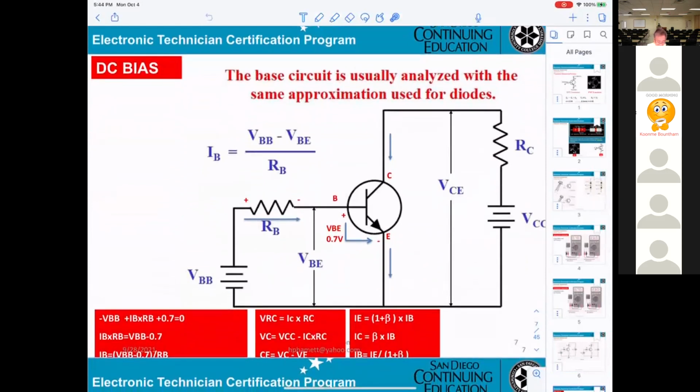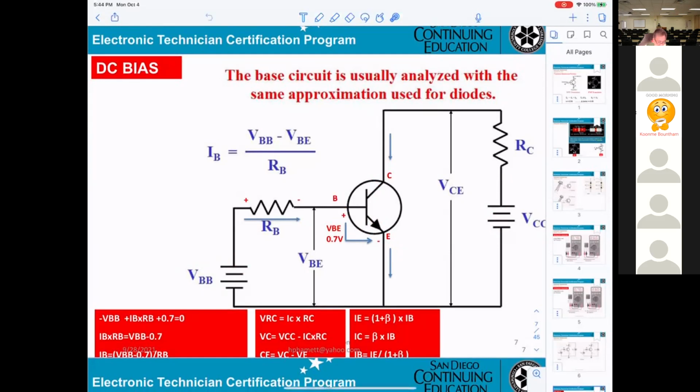And now, this is the one where we do basic calculation. So this is the VBB right here. We're talking about NPN, VCC. And in here, from the base to the emitter, you get a diode. Also, from the base to the collector, you get another diode.